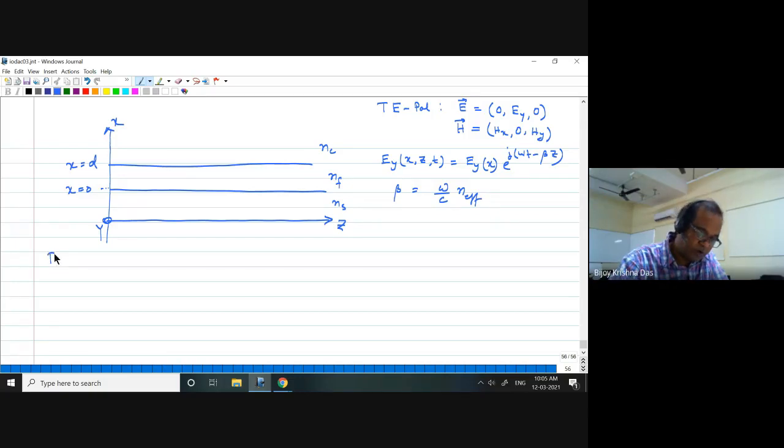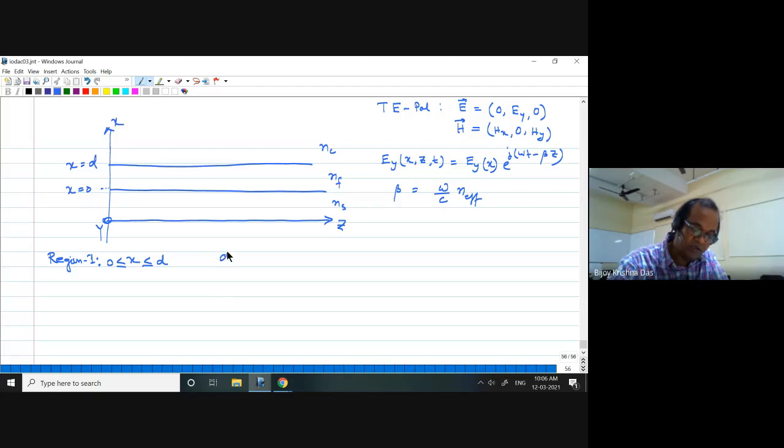So region 1, we define as x greater than 0 and less than d.